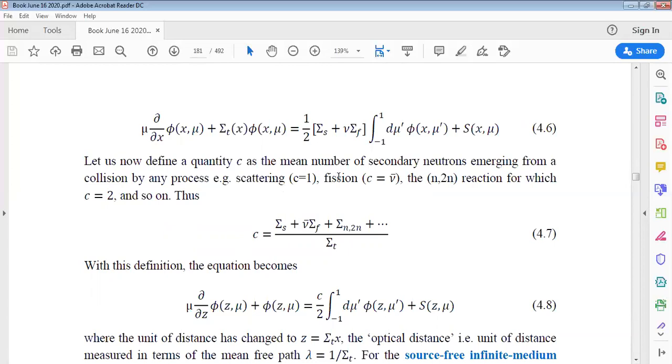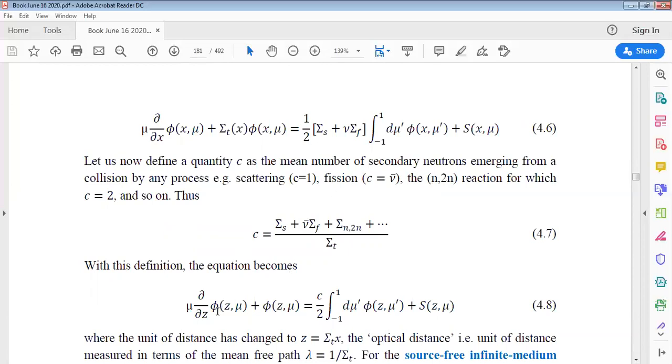If you have fission, then c can become nu bar. If you've got multiplication, c can become 2. When c is less than or equal to 1, we call it a non-multiplying medium. And when c is greater than 1, of course that's a multiplication situation.